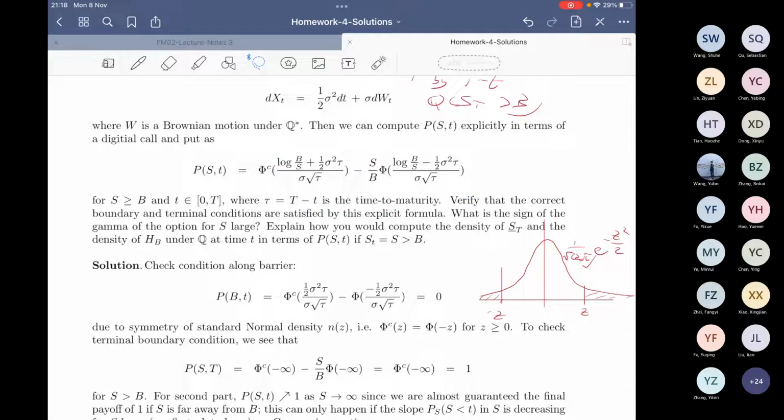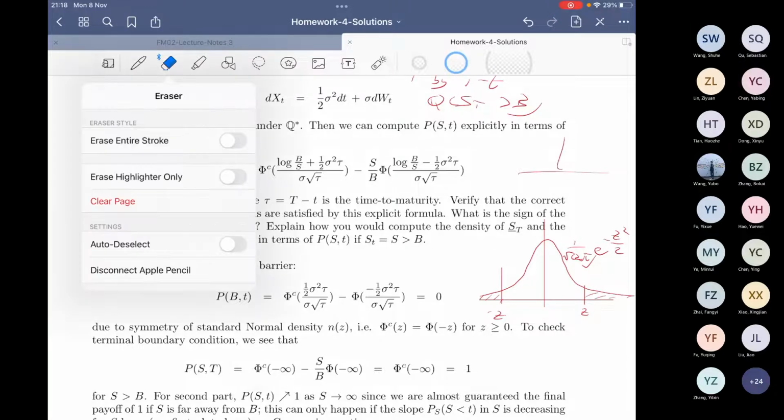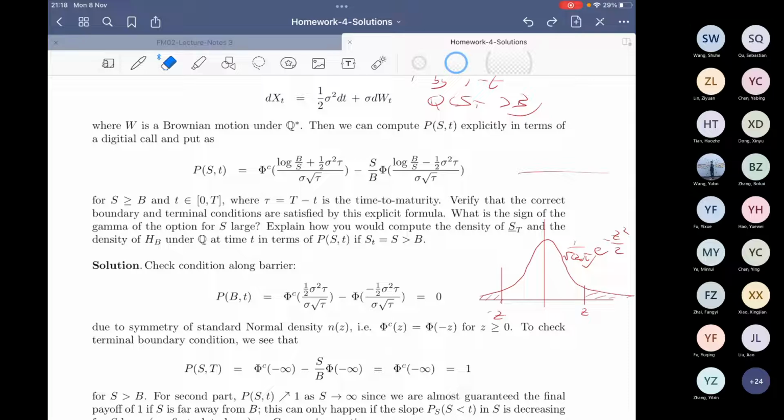So to check the terminal boundary condition, what's the value of this option at maturity? It should in fact just be the same as a digital call option. So at maturity, the behavior should be this.